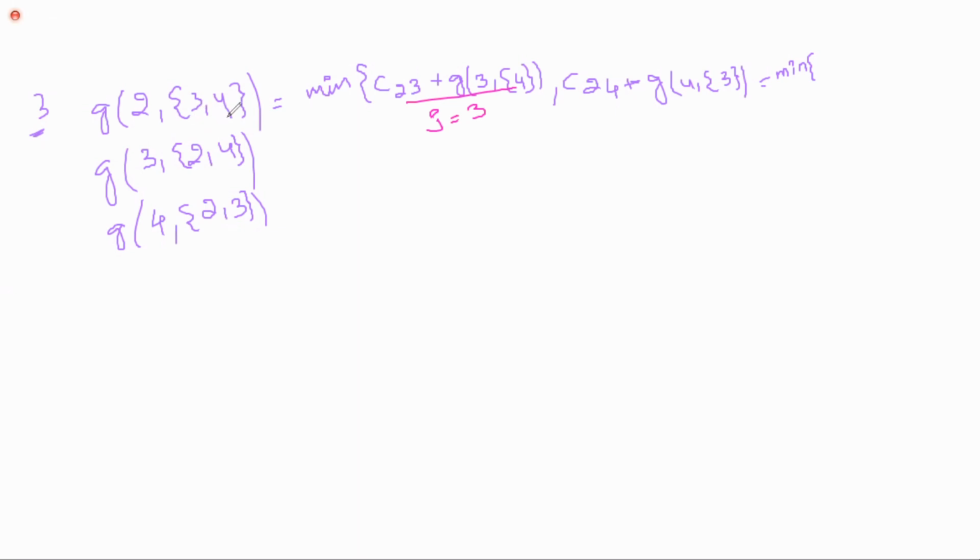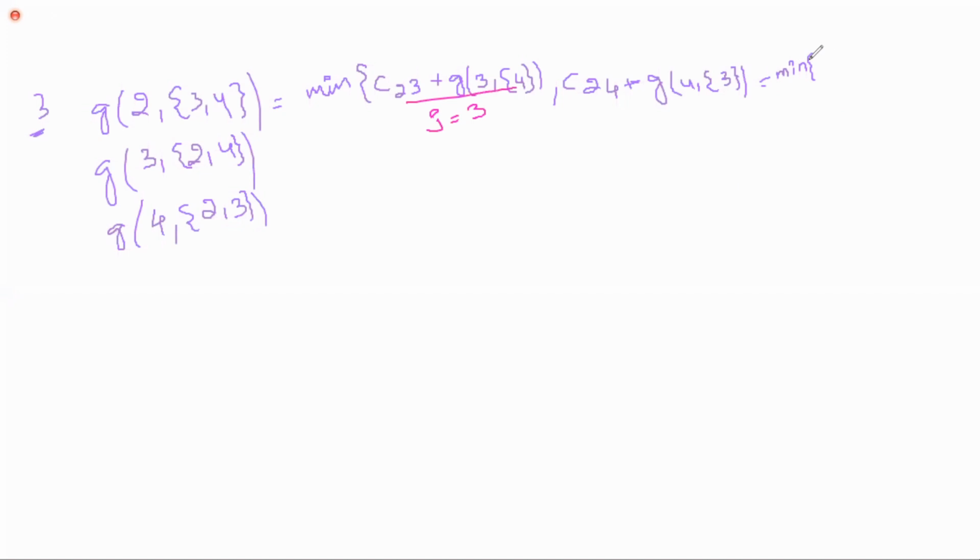S minus j means s is 3, 4 minus 3, which means we will have only 4. Okay, here I am assuming j equals 4. Cij, I is 2, j is 4. C2,4 plus g of j comma, j is 4 comma s minus j. 3, 4 minus 4, which means we'll have only 3. Clear, Rishita? Yes, ma'am.